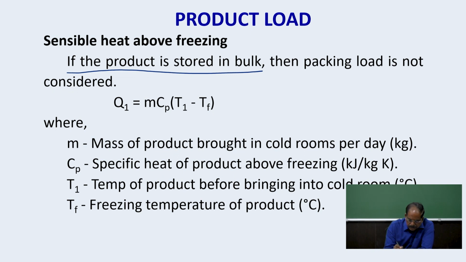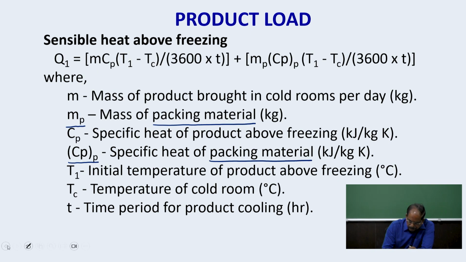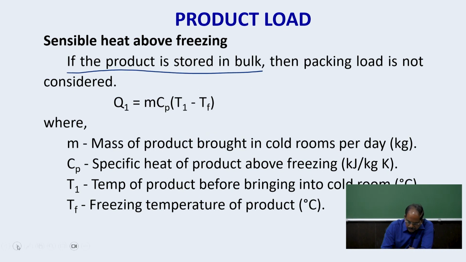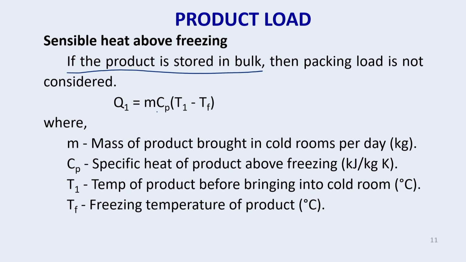In that case, the second term will not be there. So it will be M Cp (T1 minus TF), where M is the mass of the product, Cp is the specific heat of the product above freezing, T1 is the initial temperature of the product before bringing it into the cold room, and TF is the freezing temperature of the product. So using this formula, you can calculate the sensible heat load above freezing.